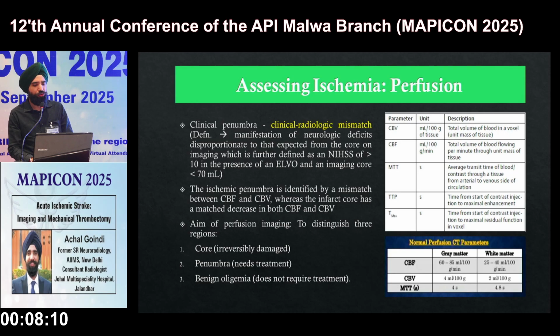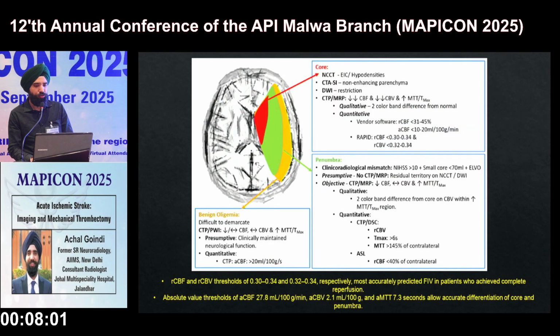Perfusion also helps us to delineate that, because these benign oligemia patients will respond on their own without any therapy as such. So these are the perfusion parameters, the relative cerebral blood flow and the cerebral blood volume, and the mismatch between these parameters will help us to decide which part of the brain is the core and which part of the brain is penumbra.